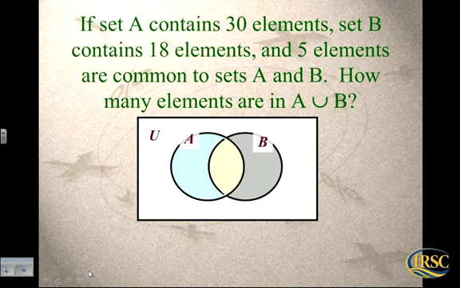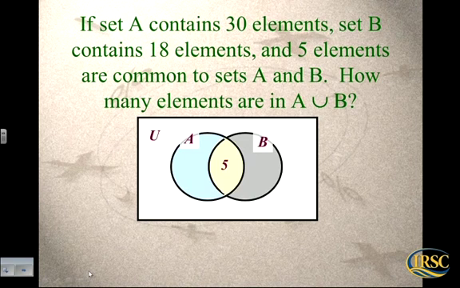So how many elements are in the yellow region? 5, because they have 5 elements in common. So now if we move to the blue region, how many elements belong to the blue region? 25 is correct. Good. Why?